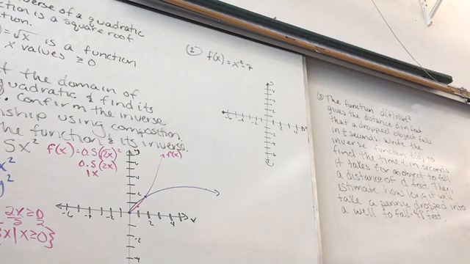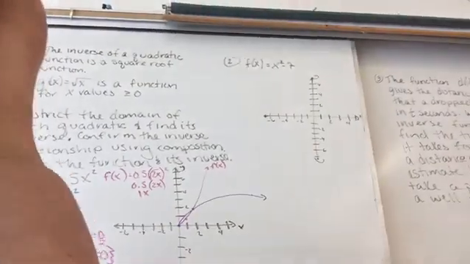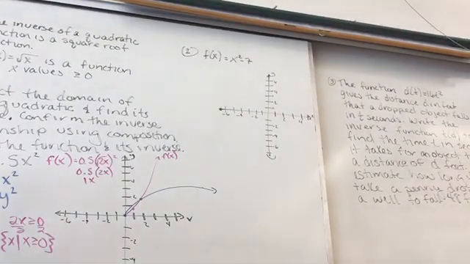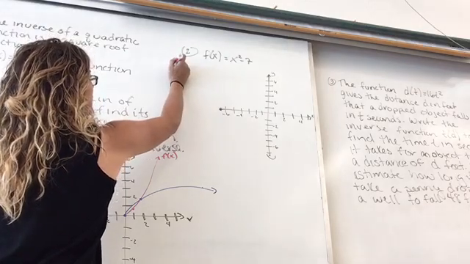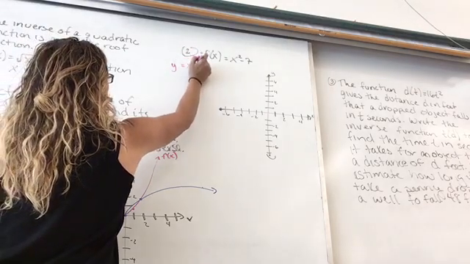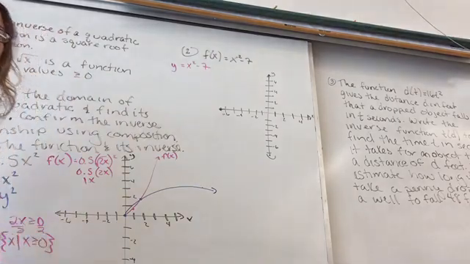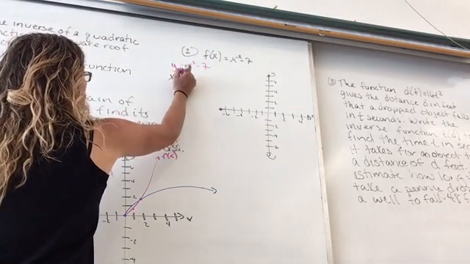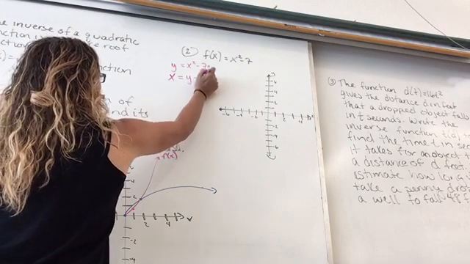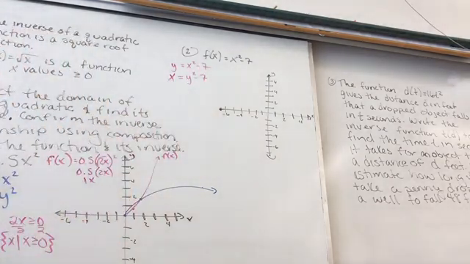We're going to first find that inverse. So let's look at finding the inverse, which means I'm going to rewrite this as y equals x squared minus 7. And then I'm going to switch my x and y. So that's x equals y squared minus 7.